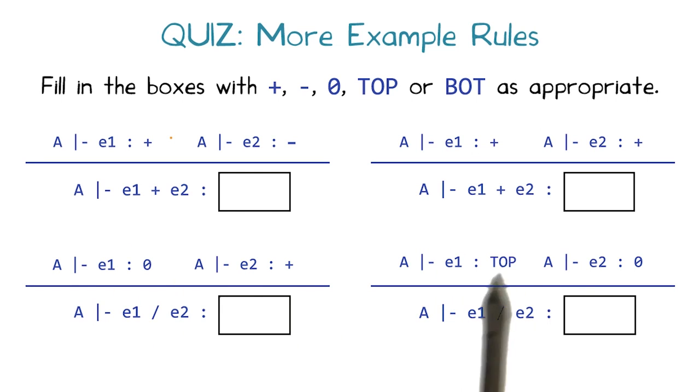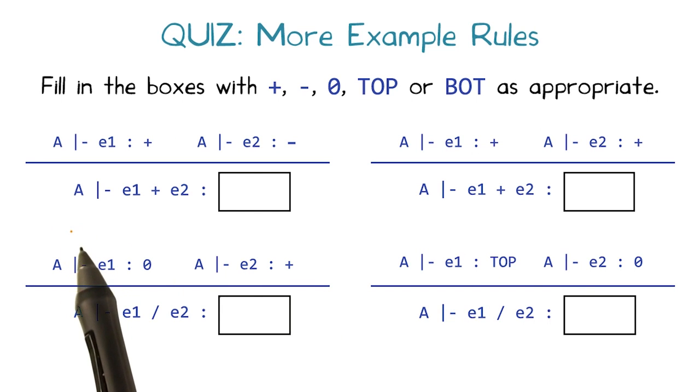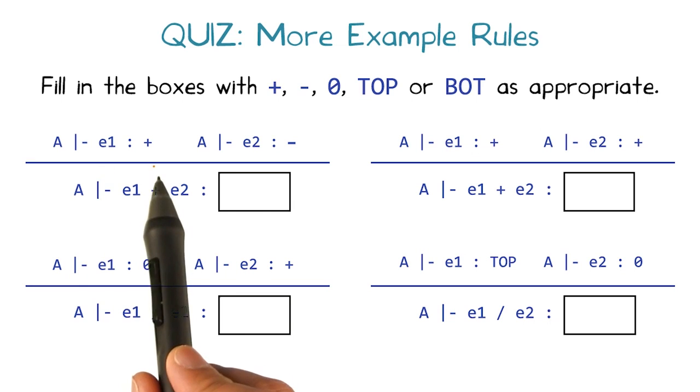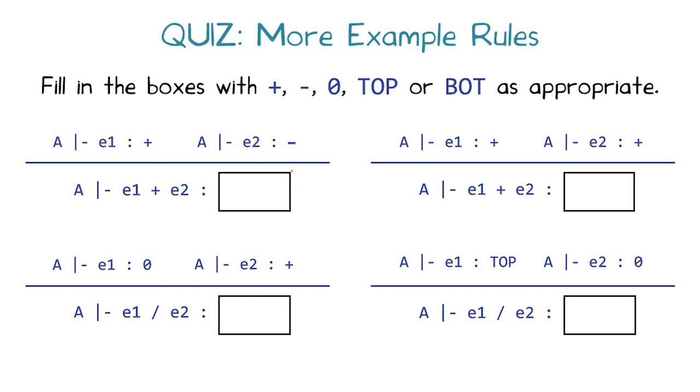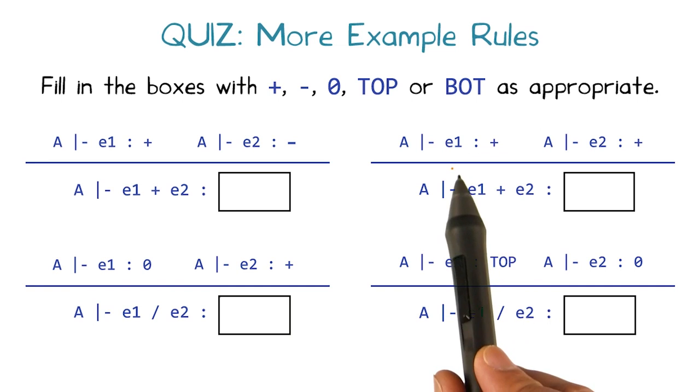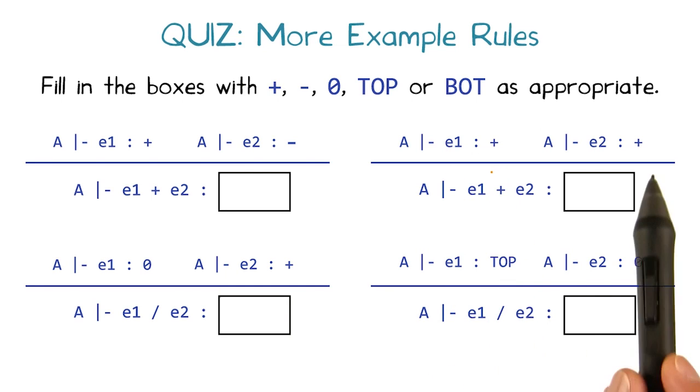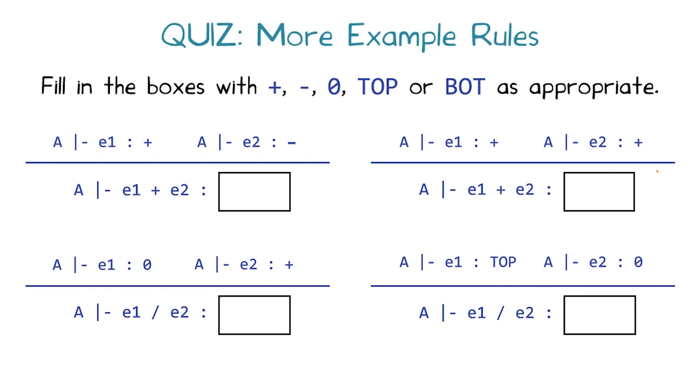Under the environment A, if it is provable that E1 has value plus and E2 has value minus, then it is provable that E1 plus E2 has value blank. Under the environment A, if it is provable that E1 has value plus and E2 has value plus, then it is provable that E1 plus E2 has value blank.